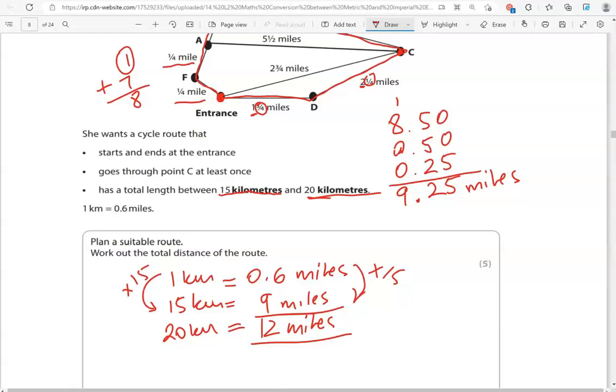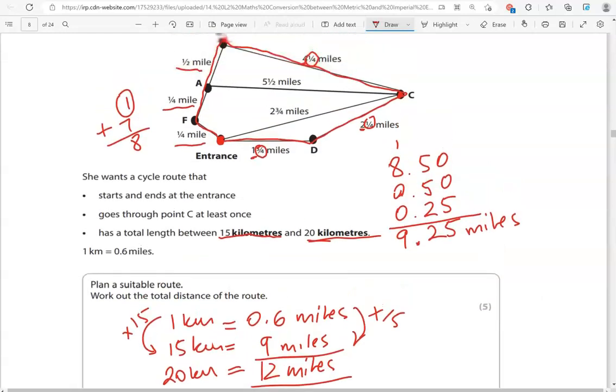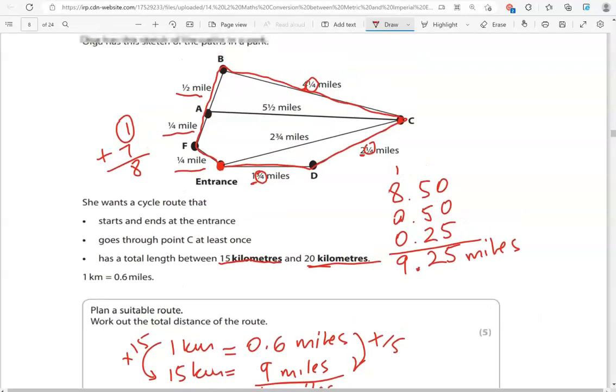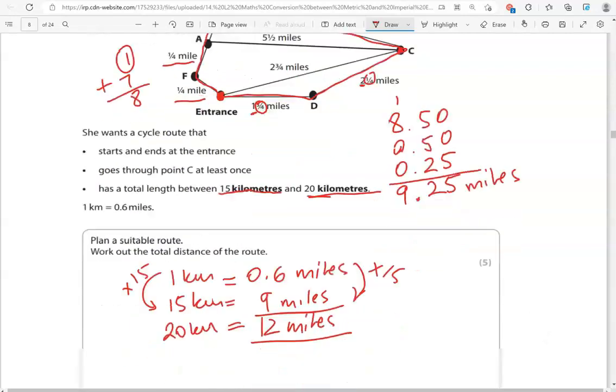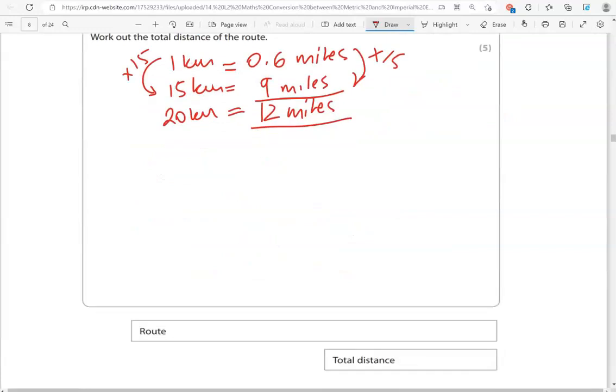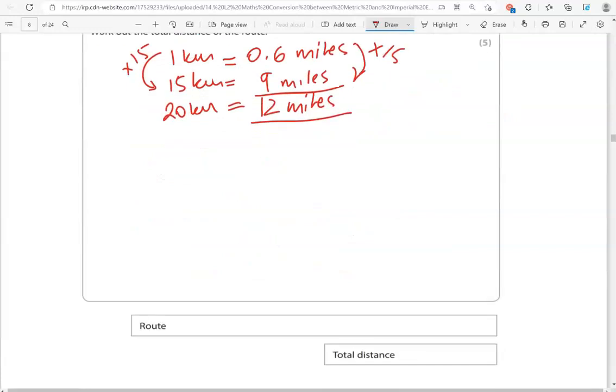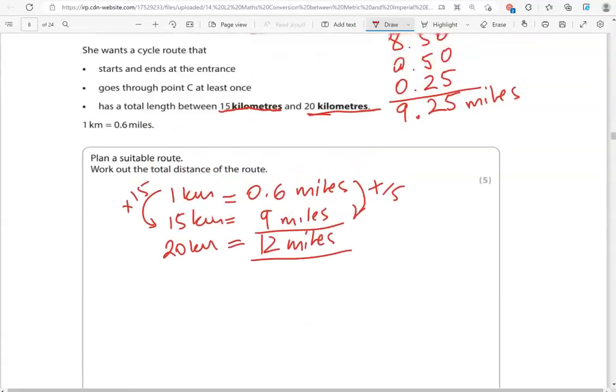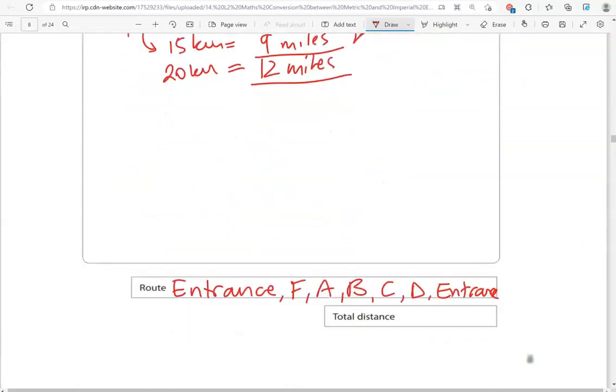So it's a possible route. So we'll say entrance, F, A, B, C, D, entrance. And the total distance was 9.25 miles.